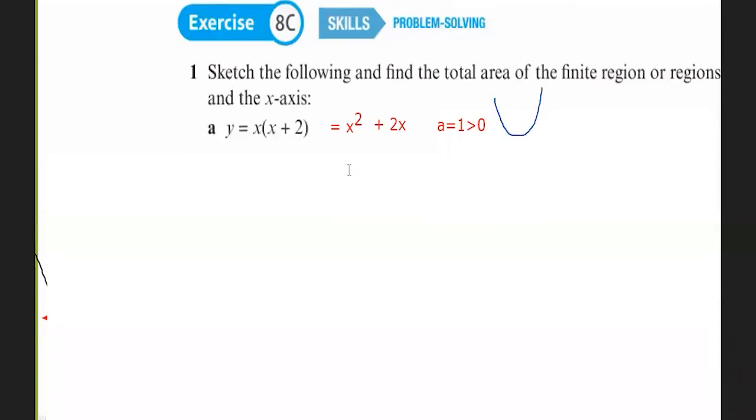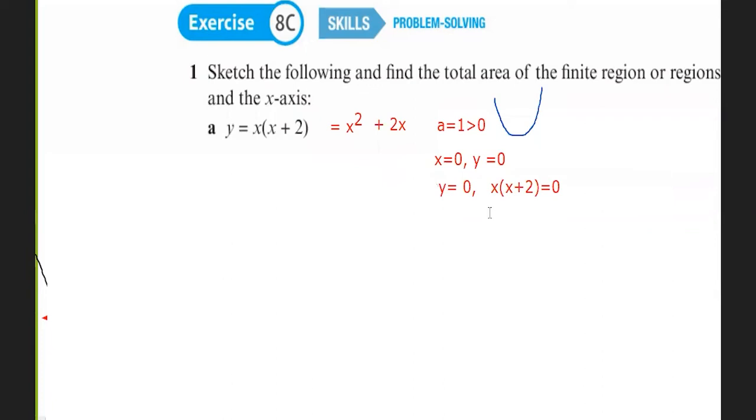Now, the next step is that when x is equal to 0, y is going to be equal to 0. And when y is equal to 0, we simply equate the function, that is x into x plus 2, to 0.